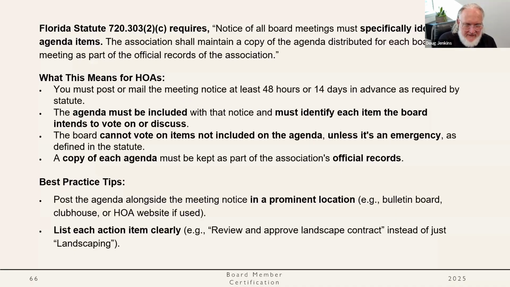But if there's a new landscape contract that's going to be approved, they may want to hear the details of that. So you have to list agenda items with the notice, with enough detail that allows owners to determine whether it's an item they want to attend to listen to and or have the opportunity to comment about.